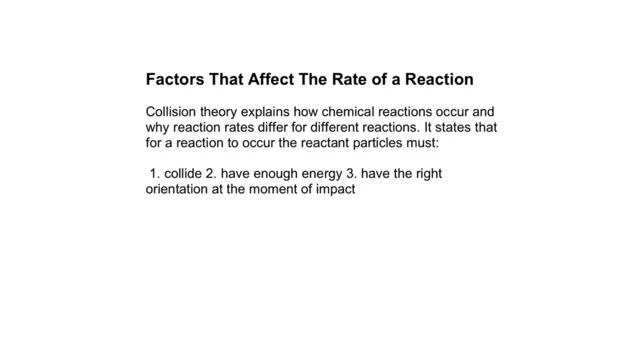Not only do they need to collide, they need to collide while having enough energy, right? Maybe you can ask, what constitutes enough energy? It is energy that is equal to or greater than the activation energy for that reaction.